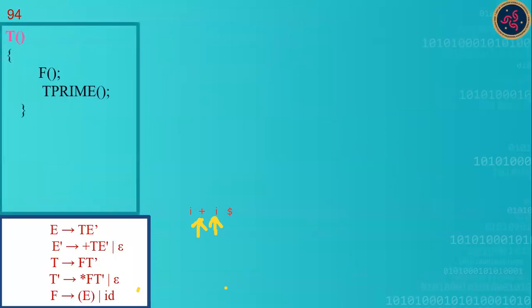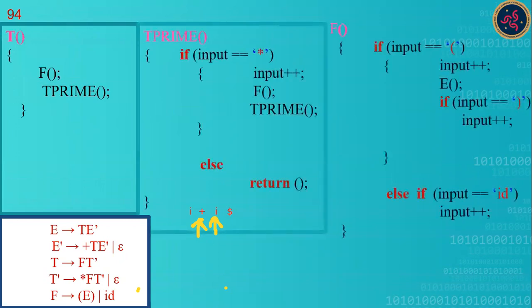What is inside the T? Again, T will call F. So here in F, first it will check whether there is a bracket. It is not a bracket, right? It is an identifier. So it will go to the else part. Here we will check whether it is an identifier. Yes, it is. So here there is an identifier. Again, we will increment our pointer to the next location.